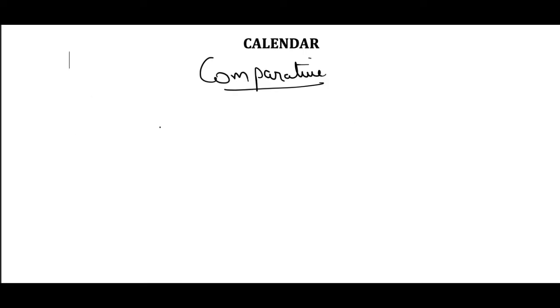Now coming to questions of comparative calendar in competitive exams, let's take an example I have faced in a competitive exam. If 15th of March was Wednesday, then 20th November of the same year falls on which day?